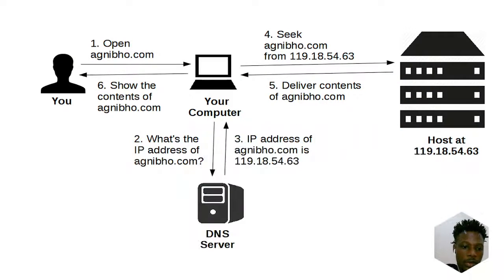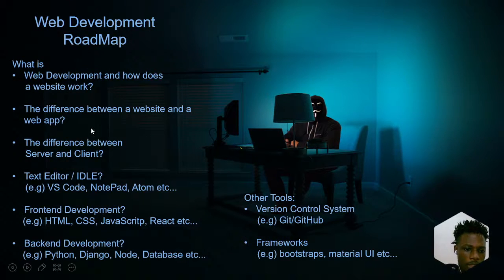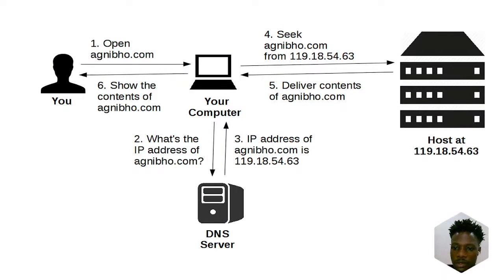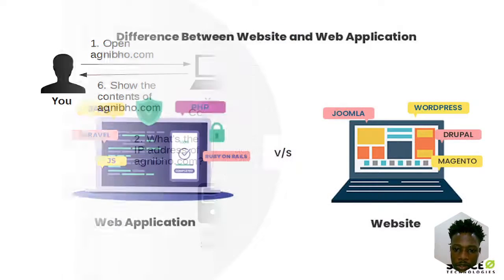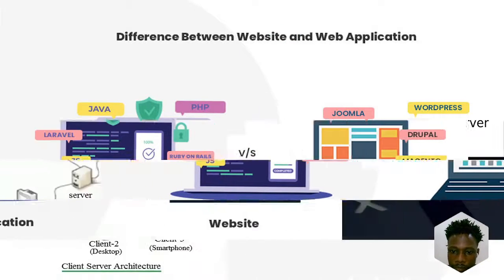Okay, so the next one is the difference between a server and a client. Like we've seen in the how does a website work, I'm also going to make reference back to this, but instead I'm just going to go here.